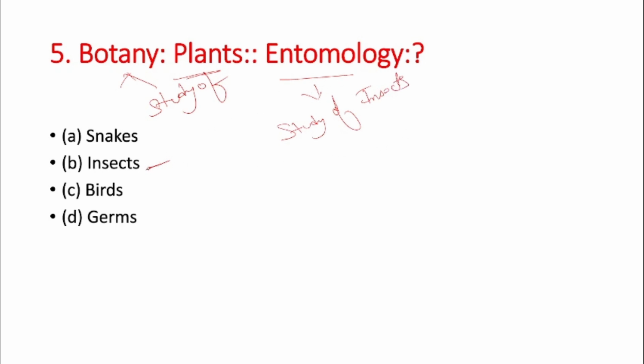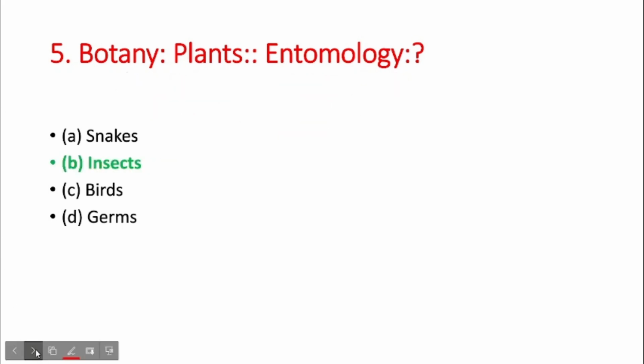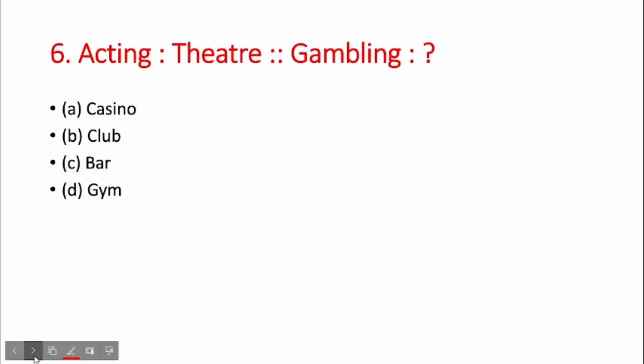Entomology is the study of insects. Let's see. Yes, insects. So the relation between the first two words should be the same as the relation between the next two. That's the concept here. So let's go to the next question.